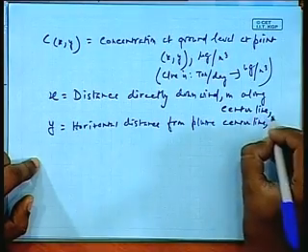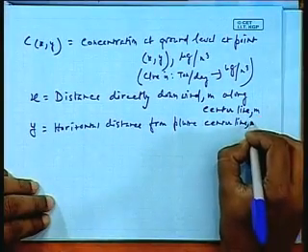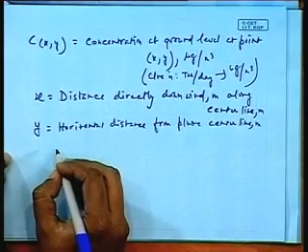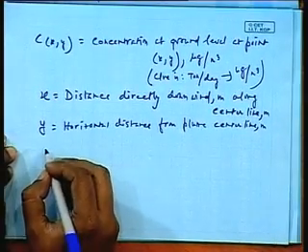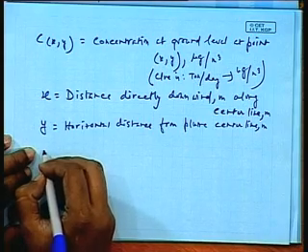This is all in meters. Remember this is of great importance. I will tell you why: most of the sigma x, sigma z and sigma y values would be given in terms of meters.